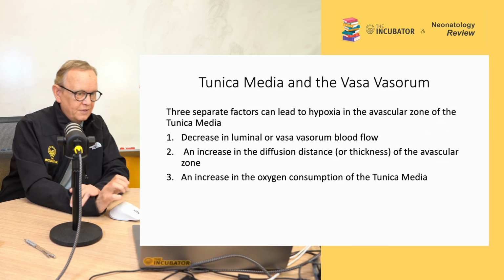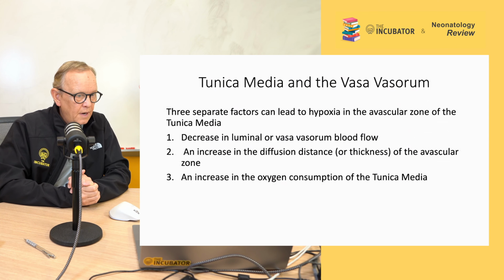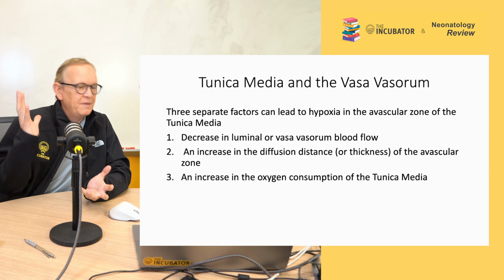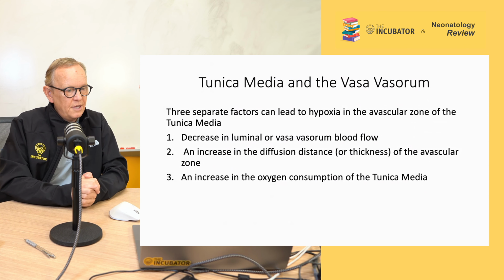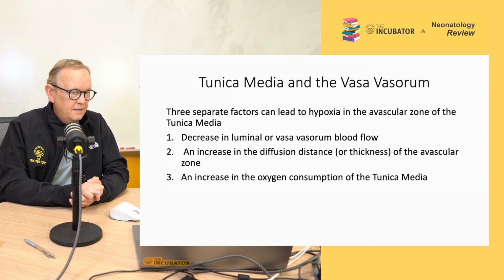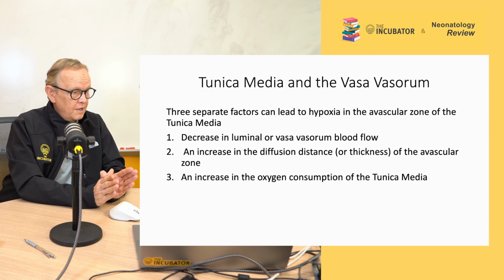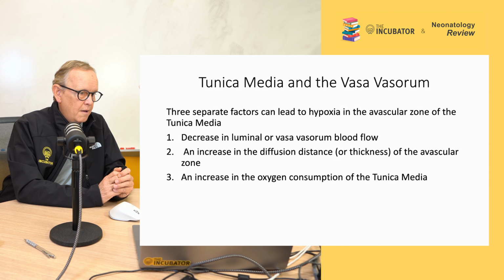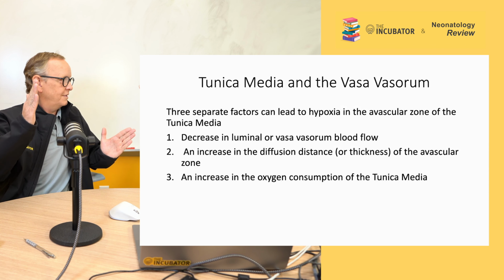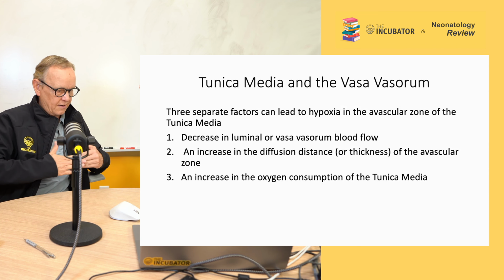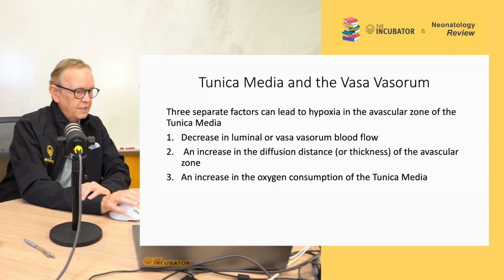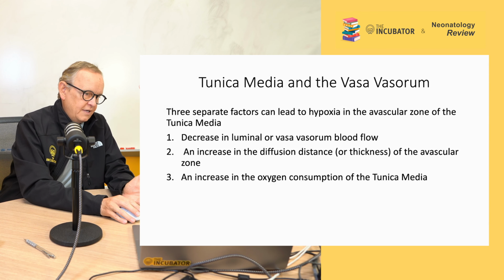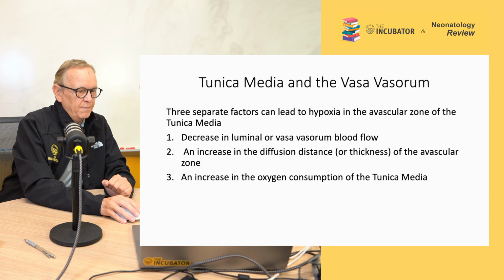So for the big picture, there are three factors that can increase hypoxia in the vessel wall: a decrease in luminal or vasa vasorum blood flow, an increase in the diffusion distance, so the thickness, since you can't diffuse past a certain point, and an increase in oxygen consumption in the muscle.